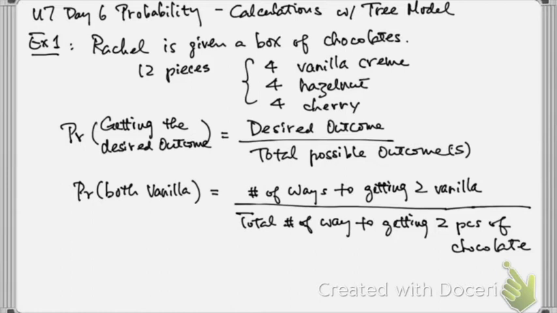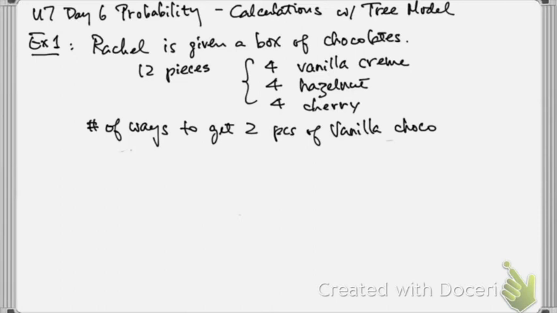Okay, so we're going to use the knowledge that we've learned from some of the other videos regarding combinations and permutations, and let's count how many ways that we can get 2 pieces of vanilla chocolate. Recall from our earlier video, if we have 4 pieces of vanilla cream altogether, and I want to end up with 2 pieces of it, how many different ways can I get it?